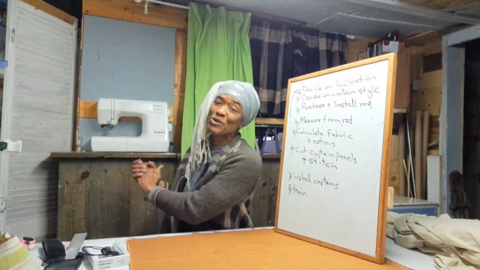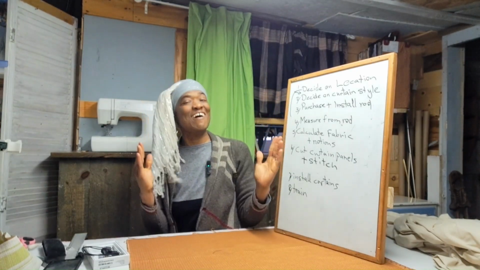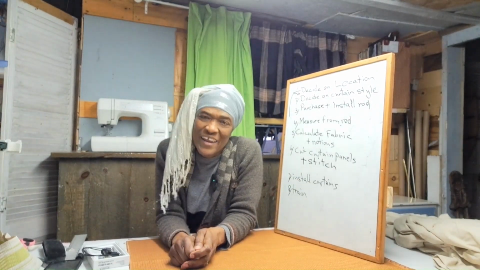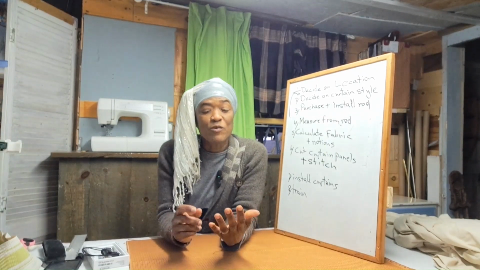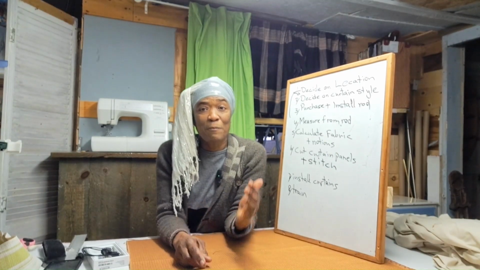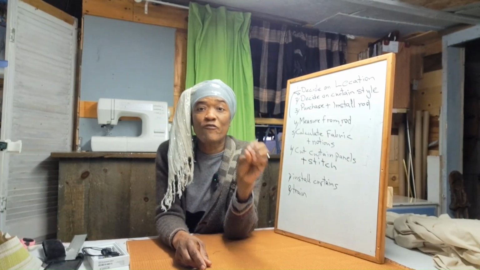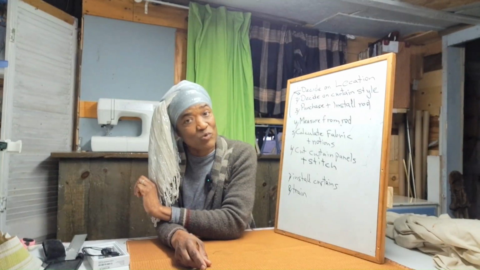Number 7, you are done. Your rod is already installed, so you're going to go ahead and install those curtain panels on your rods. And if you followed all the steps, your curtain should fit nicely on those curtain rods, right?